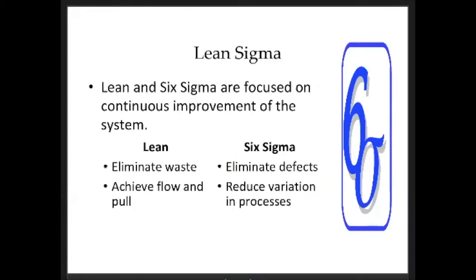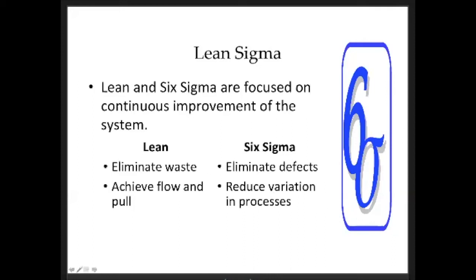And then Lean Sigma, there is an article related to Lean Six Sigma this week. These are two different concepts I did mention earlier. Lean systems are more qualitative. They are meant to eliminate waste, achieve flow and pull-based system. Whereas Six Sigma is a quantitative technique, statistical technique. It is meant to eliminate defects and reduce variation in processes.